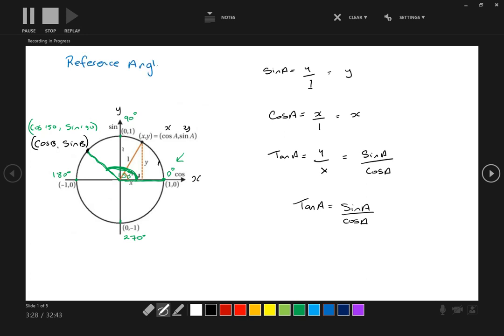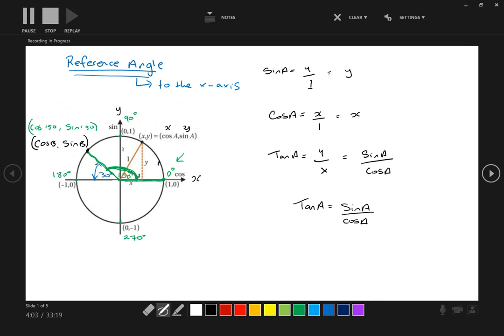On your PowerPoint and in your book, I've given this idea of a reference angle and how you find the reference angle. So in the second quadrant, my reference angle is this here. My reference angle is always off the x-axis, to the horizontal. So if my green angle there is 150, then this angle here must be 30 degrees.